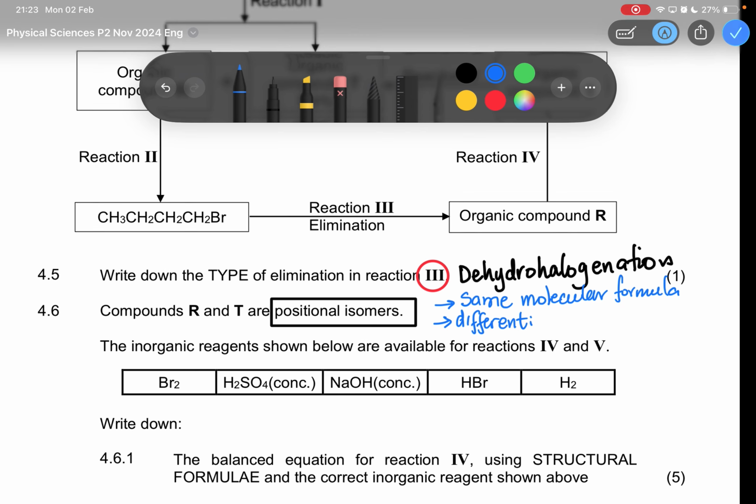What is the same is molecular formula. So what is different? There are three things.